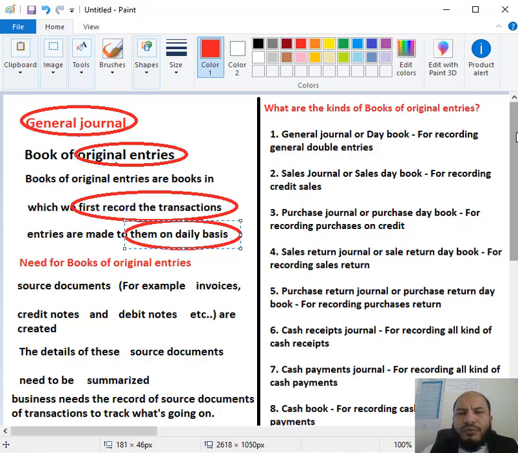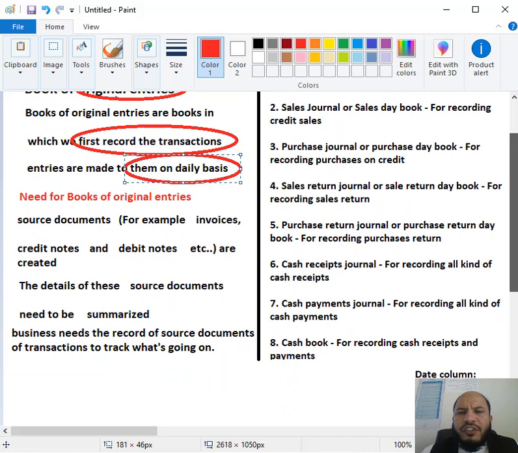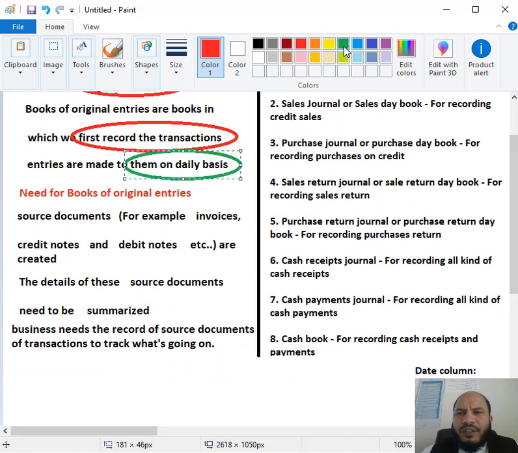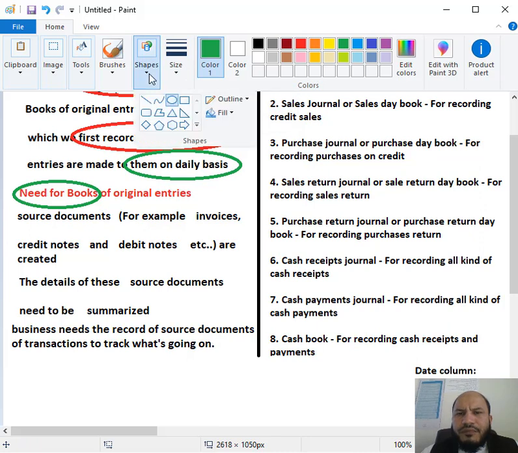Now we will move towards the need for this general journal: what is the need of this book and why we prepare it.